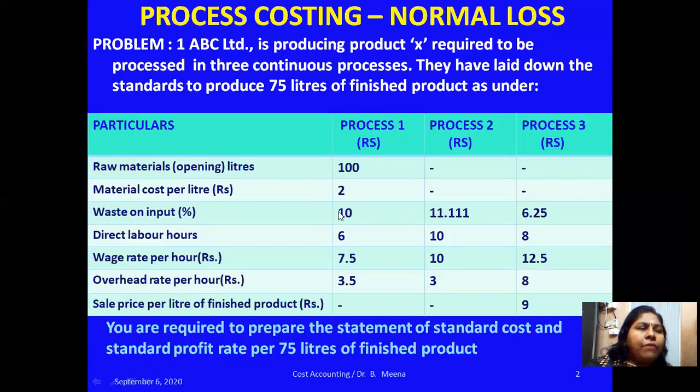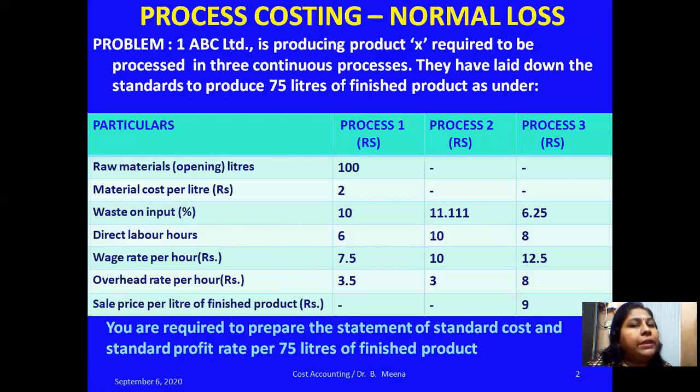When you have a wastage percentage for each process, simultaneously you need to check whether the wastage has a scrap value, whether the problem has given the wastage scrap value or not. As per this problem, the scrap value is not given. So this wastage you have to term as wastage only.